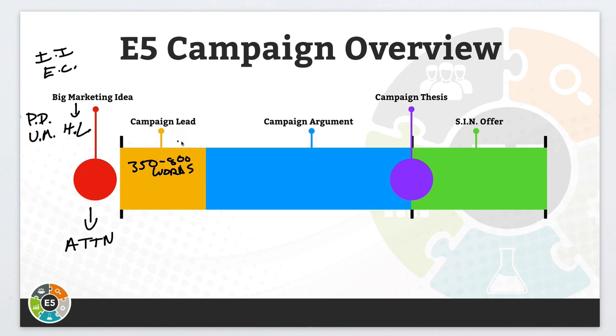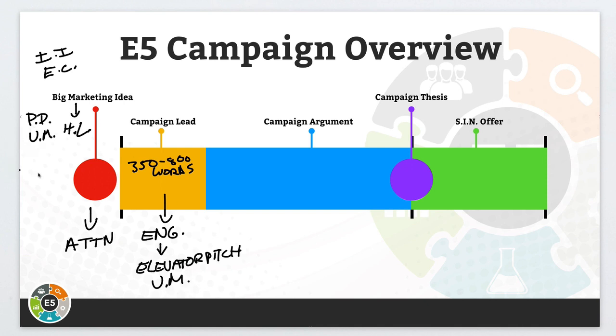For us, the lead, and I'm going to give you a simple system to follow to put together your lead, has the entire purpose of turning that attention into engagement. So we take your prospects' attention. We got their interest over here with the big marketing idea in your headline. Now we're going to turn that interest into engagement. And the way to really look at this is that this is the elevator pitch for your unique mechanism.